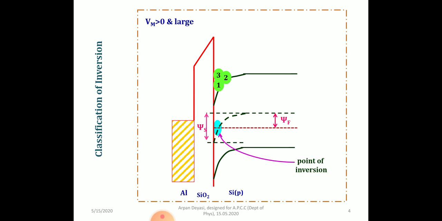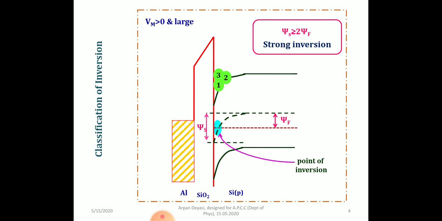That means after crossover, at the interface, the energy value may be psi f or greater than psi f. That is meant by the surface potential being greater than or equal to twice the Fermi potential, and that condition is known as strong inversion.